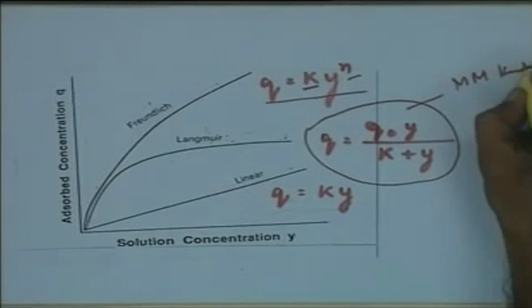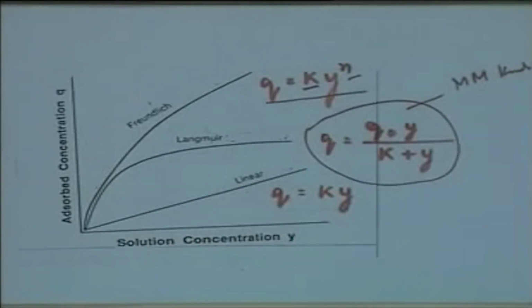kinetics. In fact, these three expressions, the Langmuir isotherm, Michaelis-Menten kinetics, the hyperbolic expression, and also Monod's equation for cell growth, are almost analogous expressions, and that indicates that there is some sort of interrelationship or similarity in their basic physical interpretation.